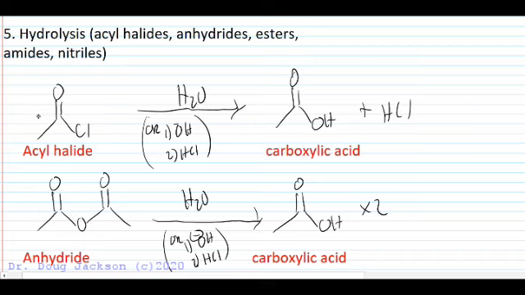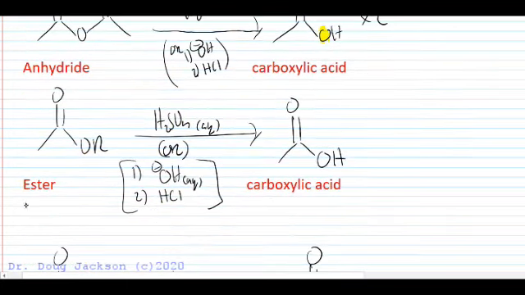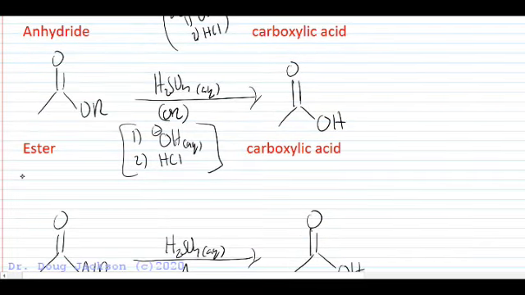If we want to use a stronger nucleophile like hydroxide, the first step would actually result in a carboxylate, so an O- on each of these. So a second step to put the proton back on, HCl, aqueous acid, H3O+, would all work for hydrolysis of these 2 functional groups.